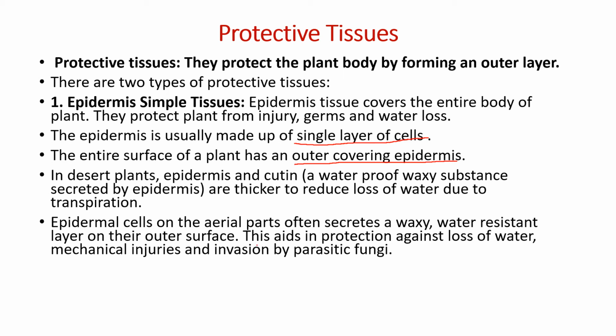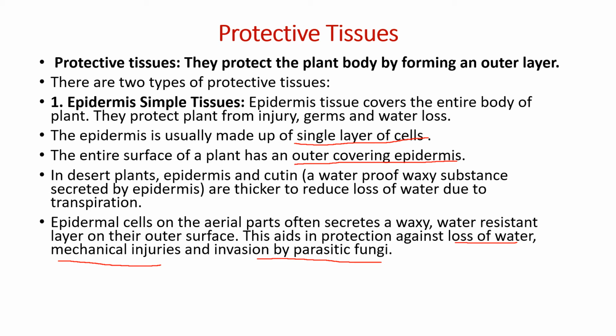So these three are the important functions of epidermal layer. It protects against loss of water, mechanical injuries, any kind of injuries. It protects plants from mechanical injuries and also invasion by parasitic fungi. Okay, so these are the three important functions of epidermal cells in aerial parts.